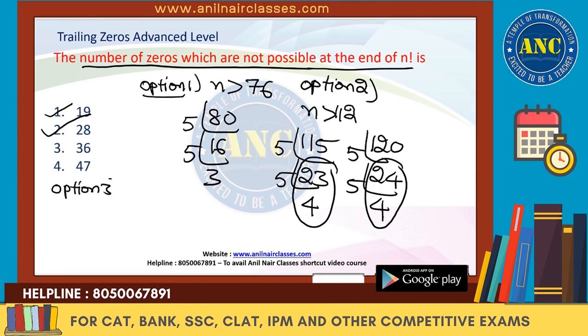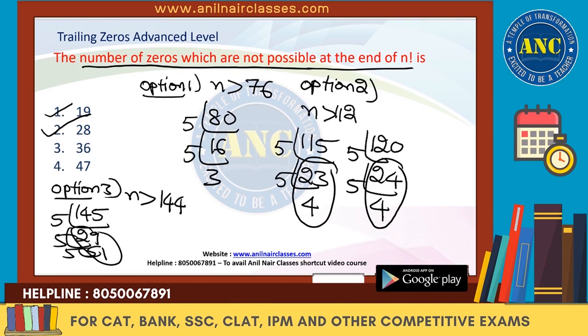Option 3. n is greater than 4 times 36, n is greater than 144. What is the multiple of 5 greater than 144? 145: 5 29s are, 5 5s are, 5 1s are, that is 35. Next it is 150. 150 is 5 30s are, 5 6s are, 5 1s are, that is 37.